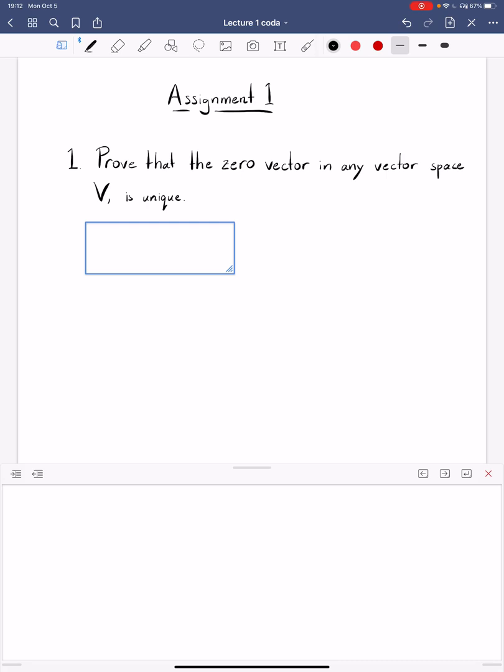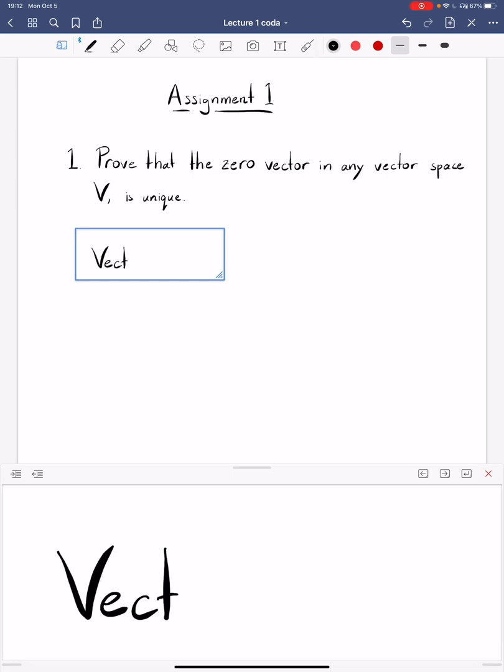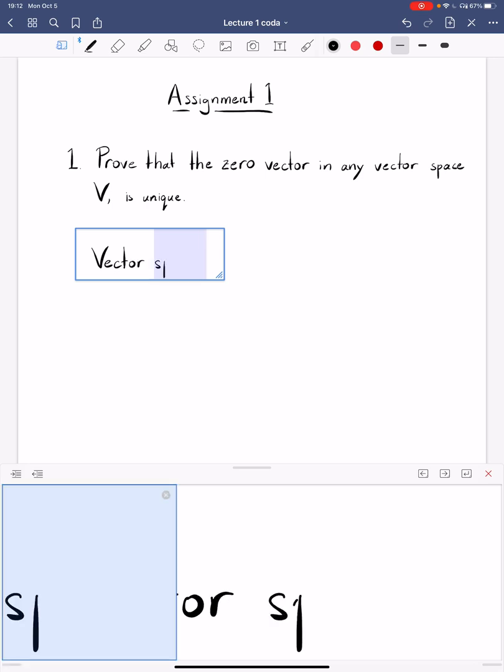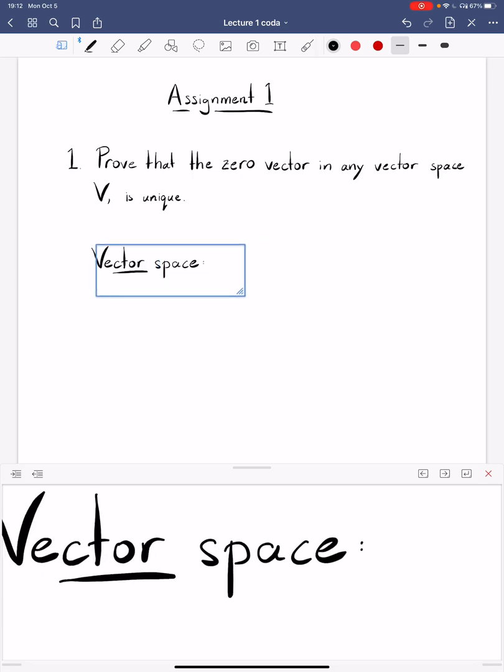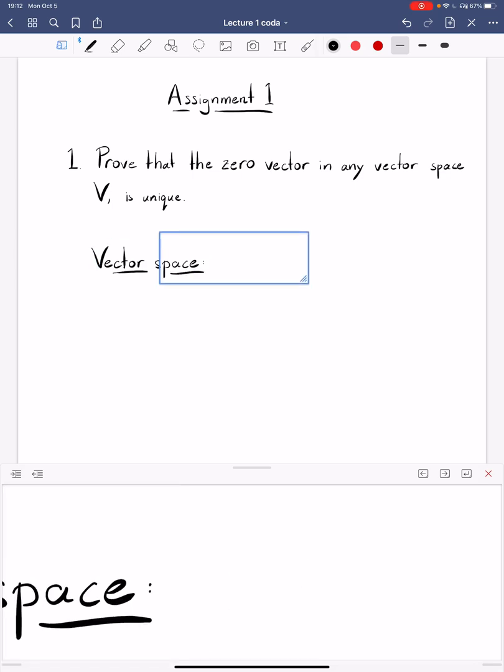So in lecture one, what's the new thing we learned that we can test out against this problem? Well, we learned what a vector space is, and so again, there's kind of a long definition. A vector space is, well, what is it?